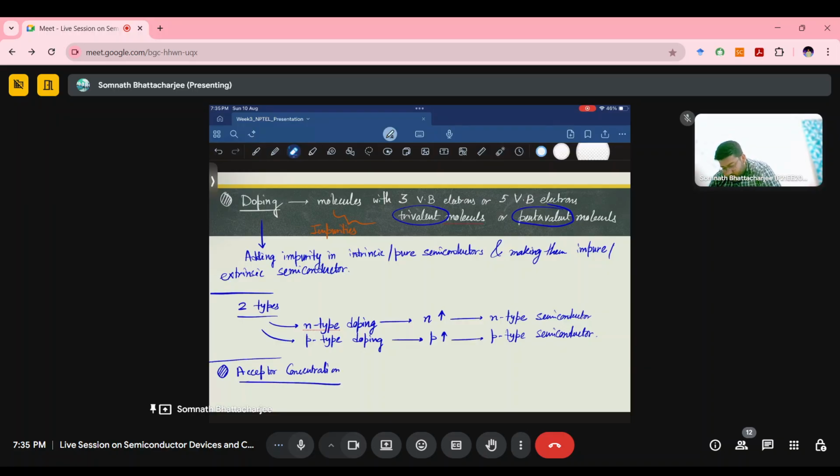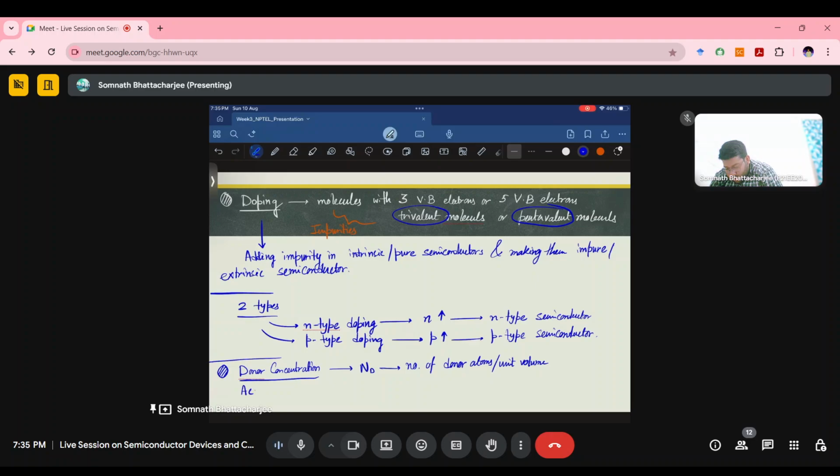So first we will have the donor concentration. What is the donor concentration? That is written as ND, the number of donor atoms per unit volume.